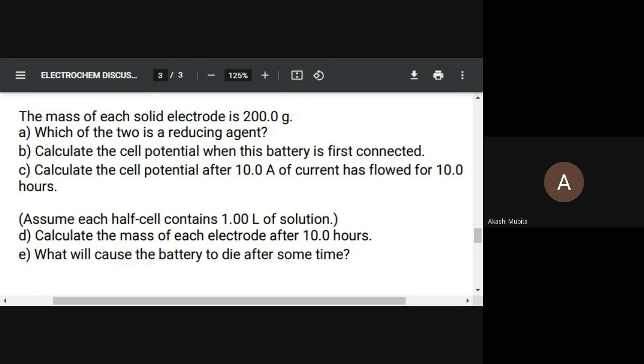So how do we go about this one to calculate the cell potential? Anyone to pick it up?